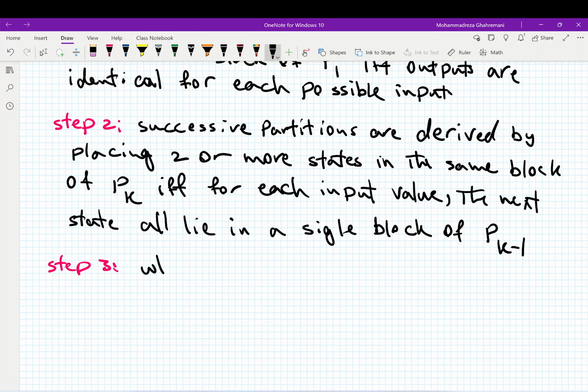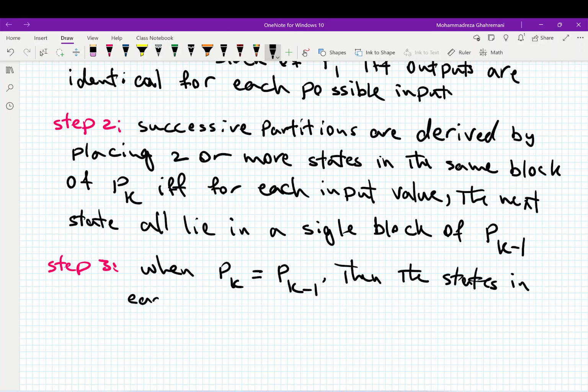So step 3: when P sub k is equal to P sub k minus 1, then the states in each block are equivalent.